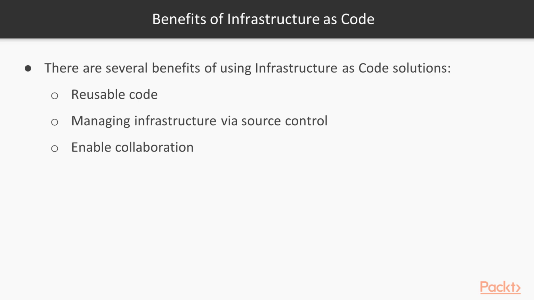You can put it in a Git repository and have version control. And third is enabling collaboration. Within this type of infrastructure, person A can write infrastructure related to the EC2 instance, person B can create the load balancer, person C can create the MySQL database, and person D can create S3 buckets. So this is what is called enabling collaboration.